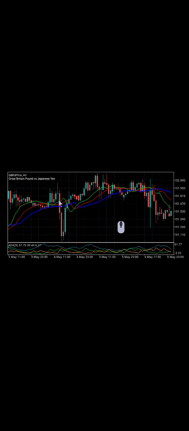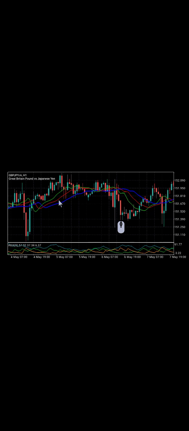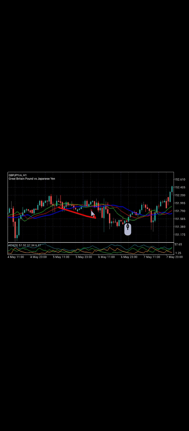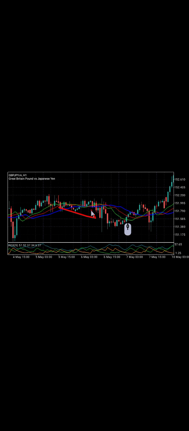not just any type of uptrend, a very strong uptrend. For example, all the way here, the green was beneath the blue and the red line.